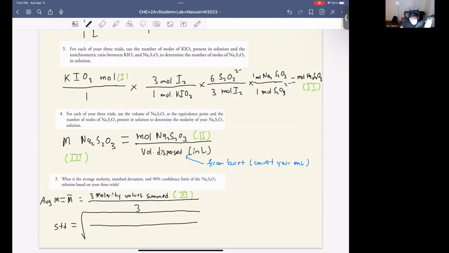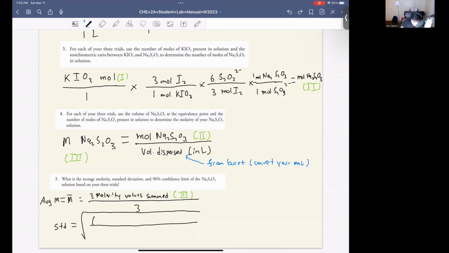We did this in the first lab, where you take each trial value, you subtract the average from it, and you square it. So I'll just do it like this.